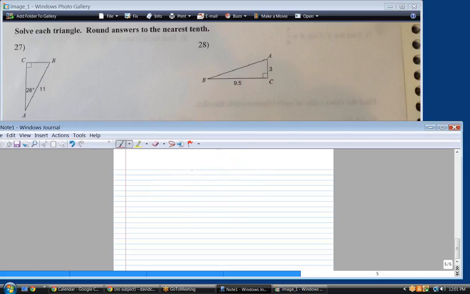Is it tangent? Yeah, so the tangent of angle B is equal to what? Opposite over adjacent. 3 over 9. Give me that decimal. It's 0.32.